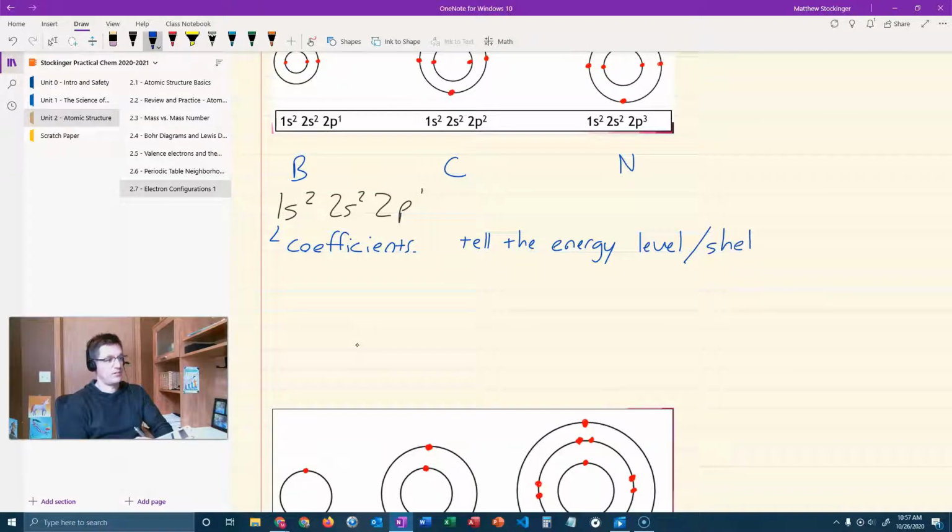So this number 1 right here is telling me there are some electrons in the first energy level. Then you've got a couple of big 2's here. Those coefficients tell me I've got some more electrons in the second energy level. Okay, then we've got the letters.